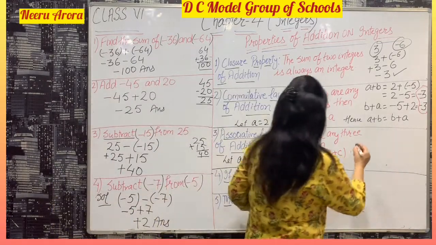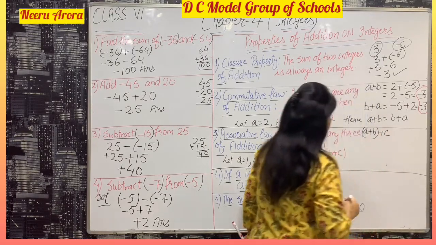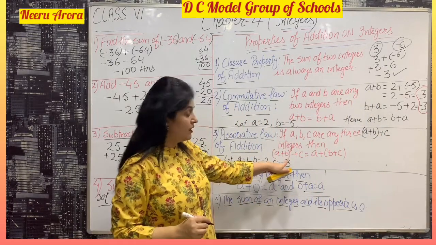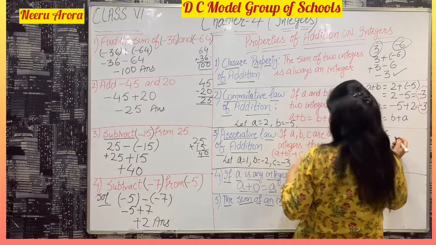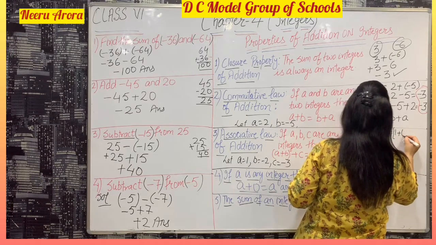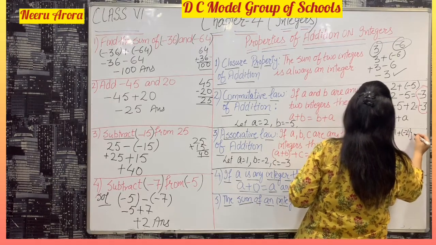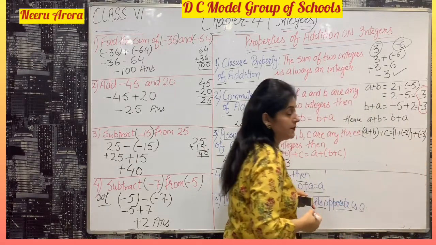So first we are going to find out (a plus b) plus c. First we have taken the left hand side, (a plus b) plus c. So what's the value of a? It is 1. What's the value of b? It is minus 2. And what is the value of c? It is minus 3.